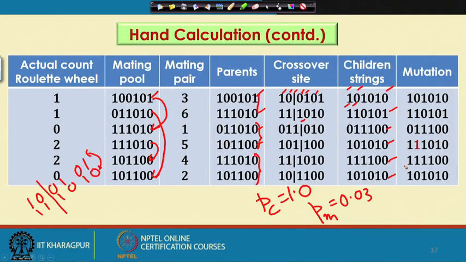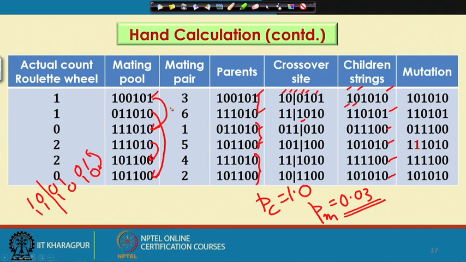Once you have got the children solutions, we go for the mutation. We have assumed that the mutation probability equals 0.03, and we have 6 multiplied by 6 bits: the population size is 6 and each GA string has 6 bits.